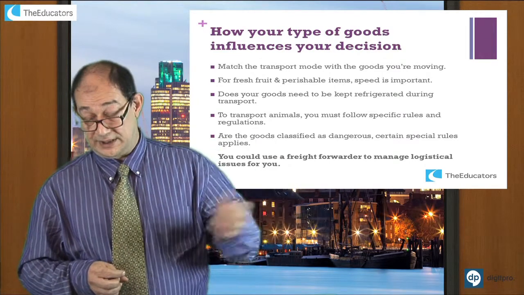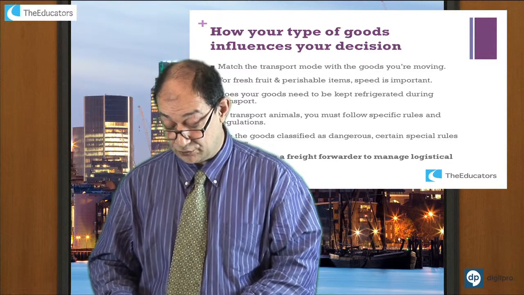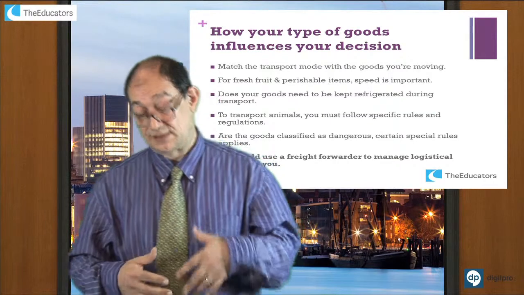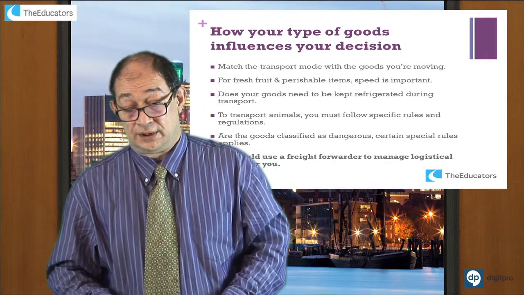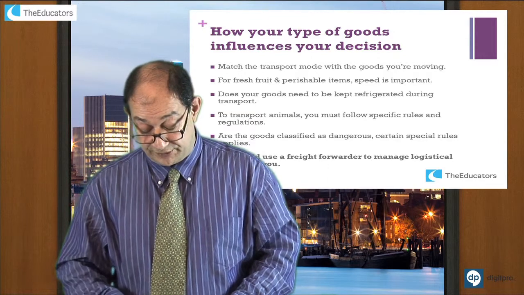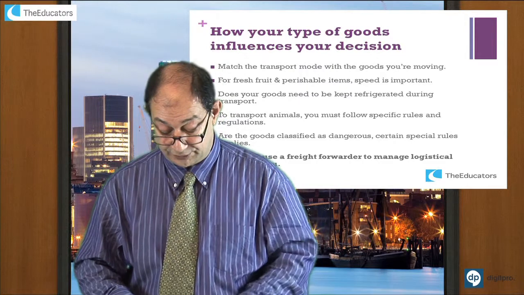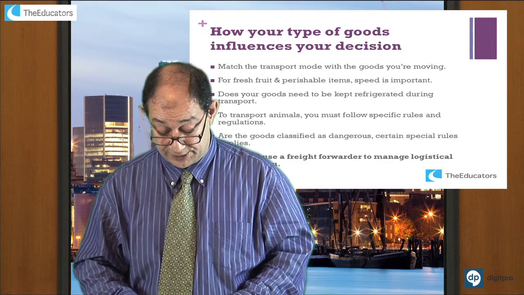So air transport would most likely become the mode of transport. Otherwise, it has to be specialized refrigerated transport if your goods need to be kept refrigerated. So it has to be a refrigerated truck, or if you're going by ship, the ship has to be properly refrigerated, and so on.